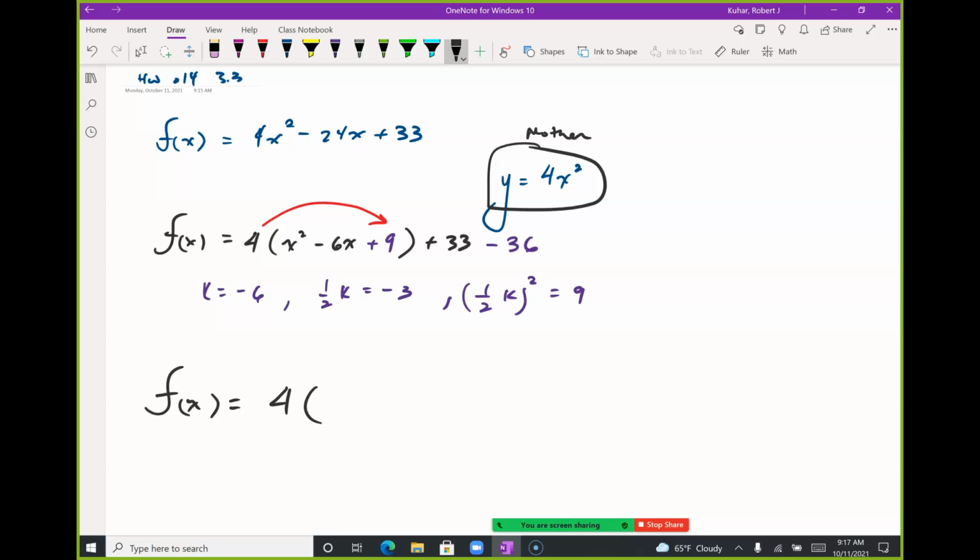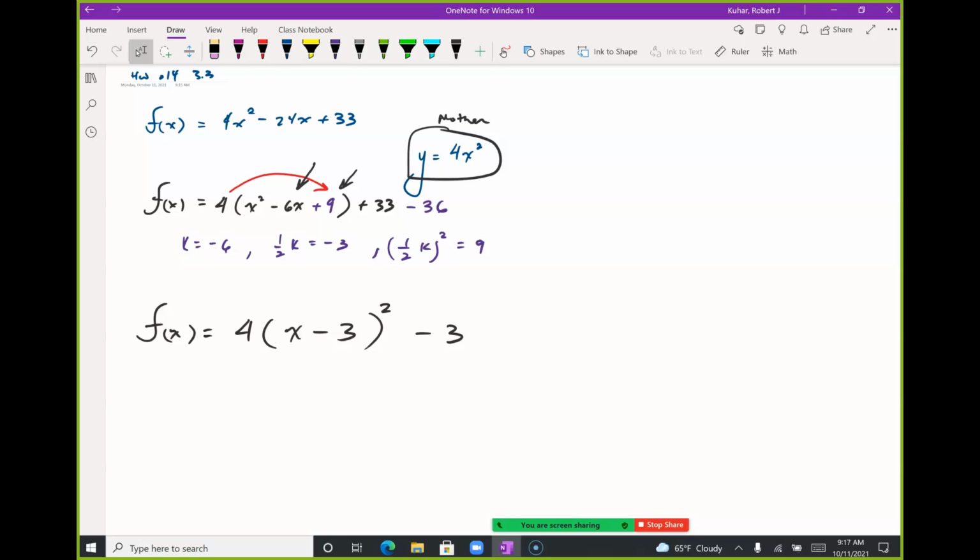Good. What does this piece always factor into every single time? X plus half of k, so x minus 3 quantity squared. X plus half of k quantity squared every time. You don't have to think about it, but this one's pretty easy. What two numbers multiply to positive 9 and add to negative 6? Negative 3 and negative 3. So here's my transformation of 4x squared.